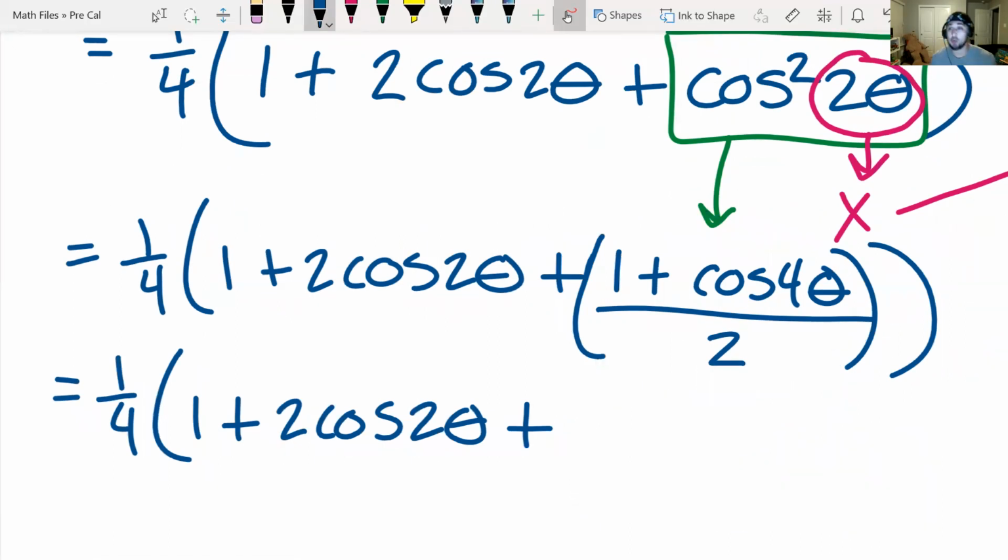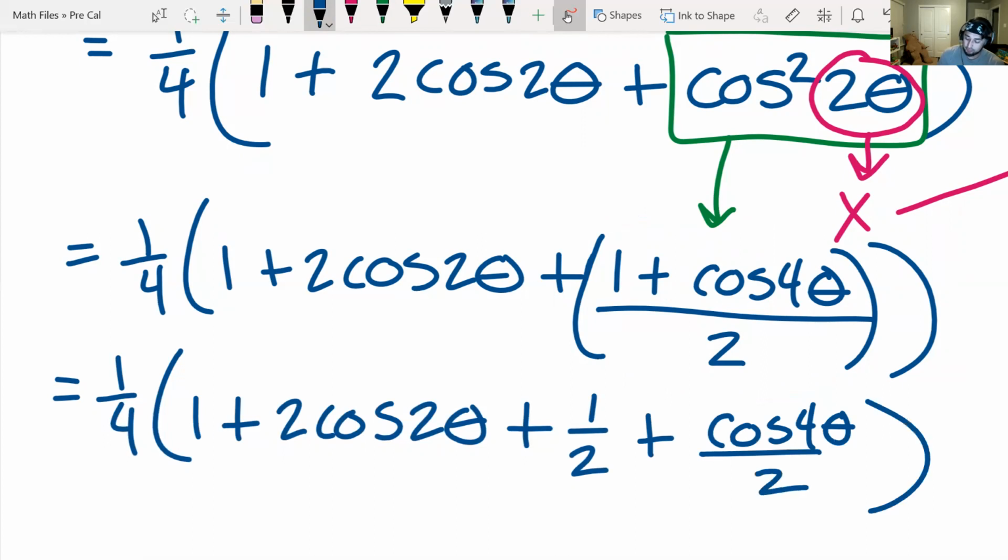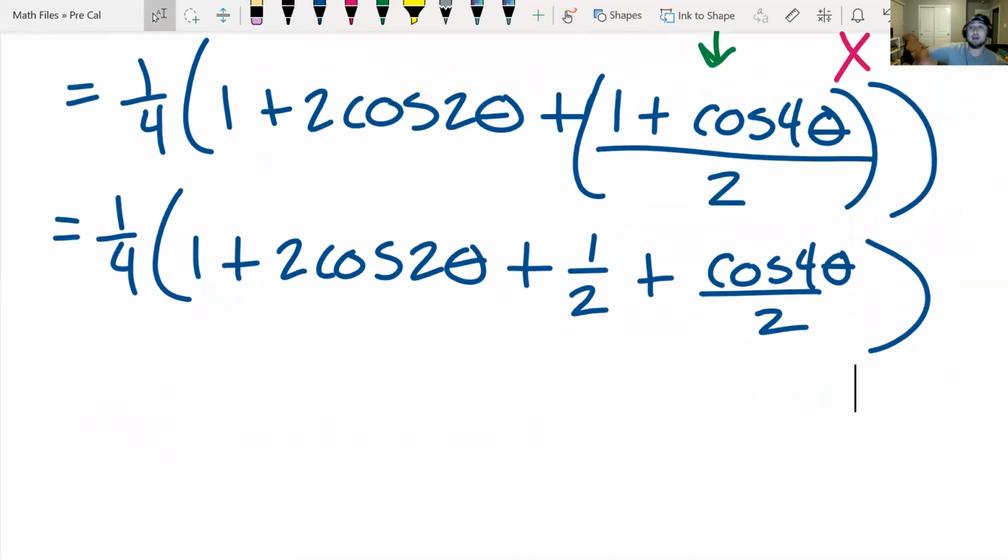I have 2 terms over the same denominator. So this will become 1/2 plus cosine 4 theta over 2. That's all I did, I split into 2 fractions. Purely algebraic. Now, I will distribute the 1/4, and we're getting there.